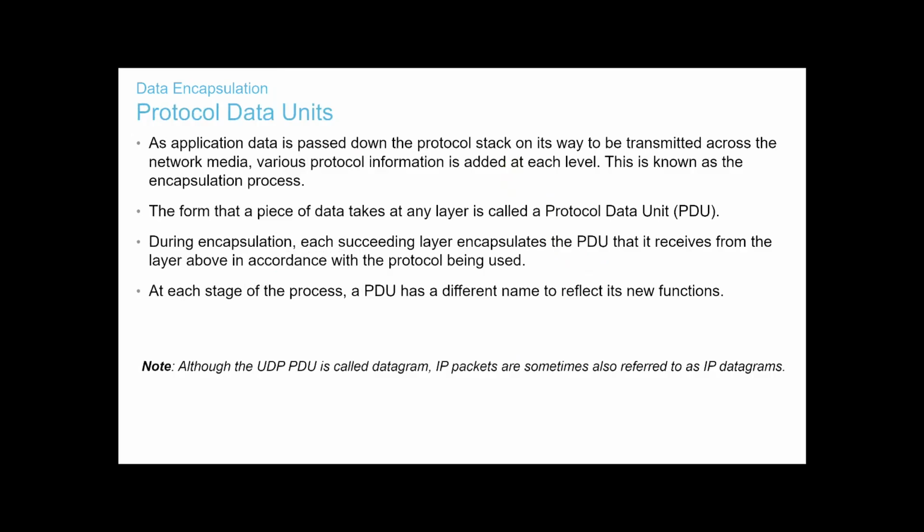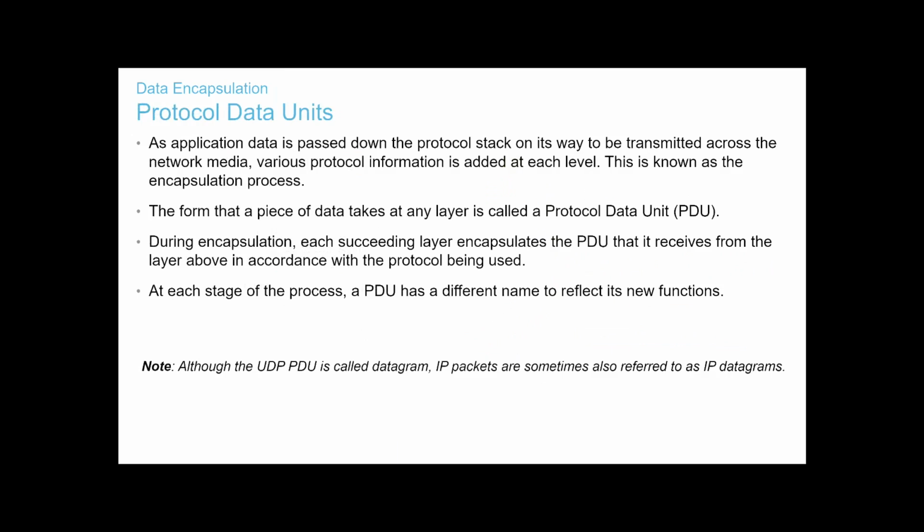Protocol data units, PDUs for short. An application PDU is passed down the protocol stack, and it has to be encapsulated, changed as it goes down the stack, and we'll look at a demo of that in just a few moments.